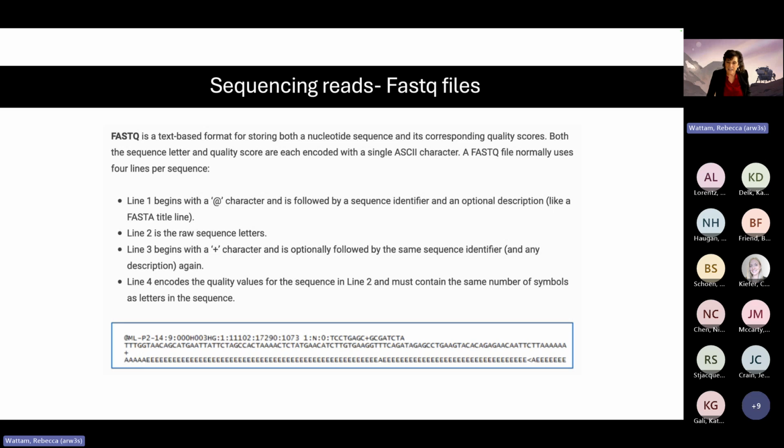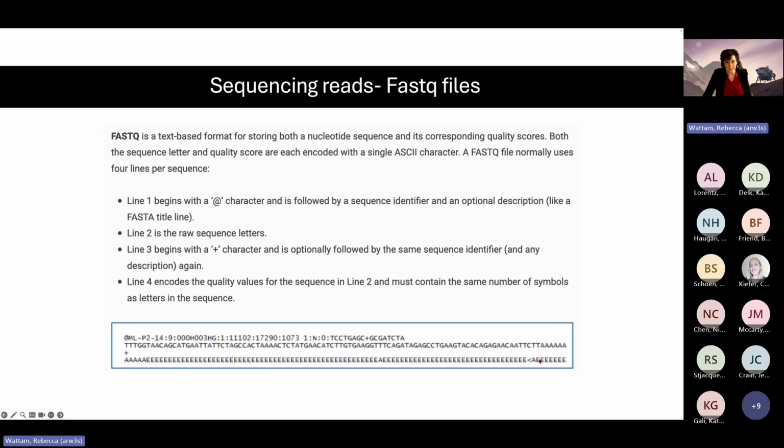The second line, I hope I don't advance it. See that there? That's the actual sequence that particular read has. And this is probably an Illumina sequence because it's pretty short. And then the third line always starts with this plus sign, and the sequencing center might put different information in there. I've never actually seen any other information after a plus sign.